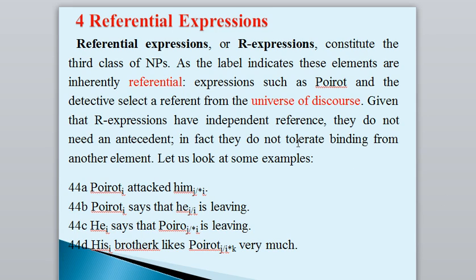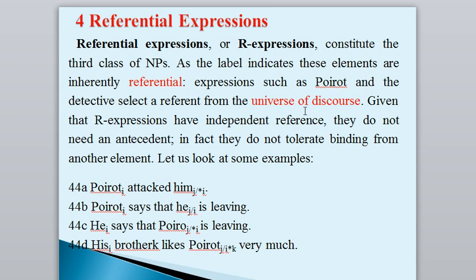And the last principle, Principle C of binding theory, talks about the referential expressions, or the proper names like Poirot, Bertie, and some other names. Referential expressions, or R-expressions, constitute the third class of NPs. As the label indicates, these elements are inherently referential. Expressions such as, for example, Poirot and the detective select a referent from the universe of discourse.